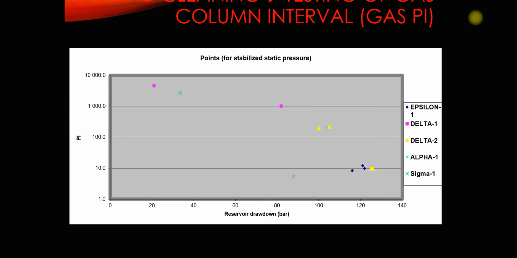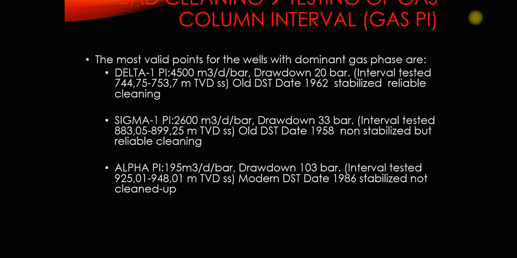So that's why I'm saying we have to be careful for the production index. And additionally, although it was not cleaned to the perfect standard, it should be noted that it was not left to rest with the bentonite in the bottom of the well like the old DST in the 50s or 60s. So we can go to slide 4, and I suppose we have a summary of the wells that I mentioned.